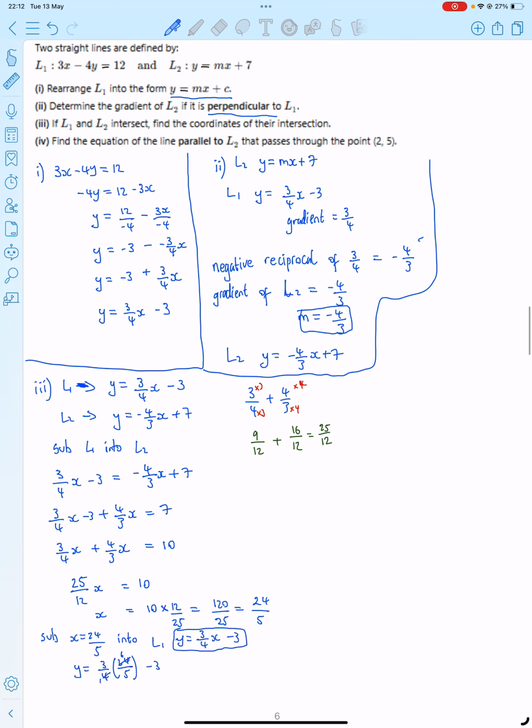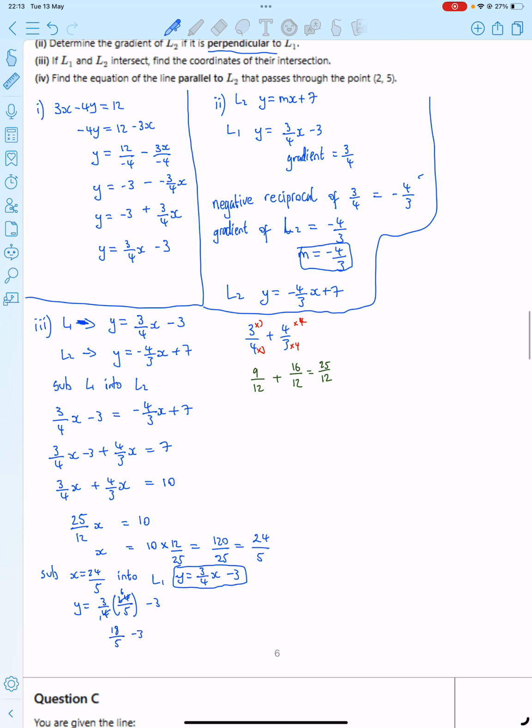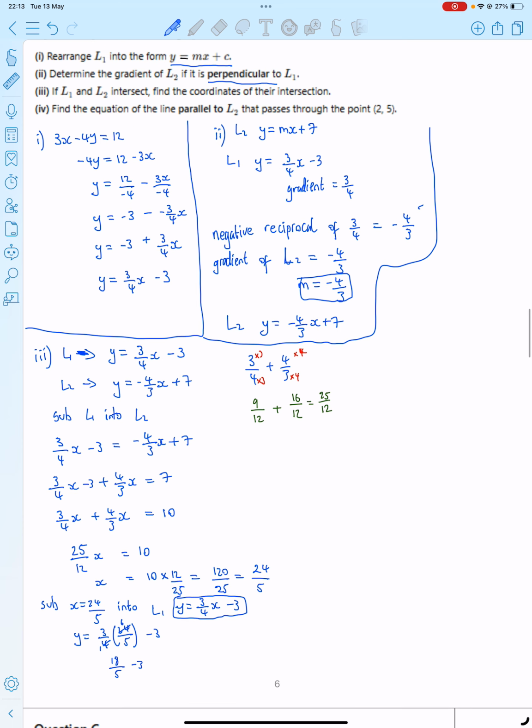Then we have 3 times 6 is 18, over 1 times 5 is 5, minus 3. 3 is the same thing as 3/1, I can write that as 3 times 5 over 1 times 5, leading us into 18/5 minus 15/5, which is 3/5. So y is equal to 3/5.